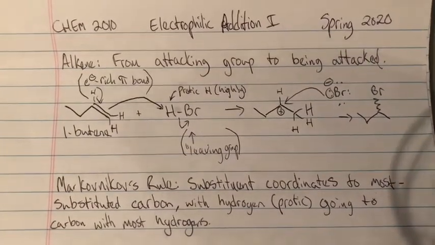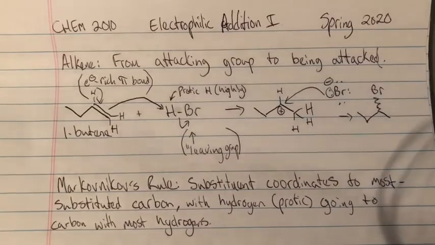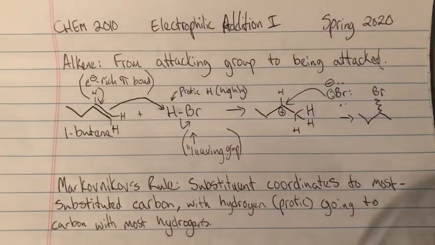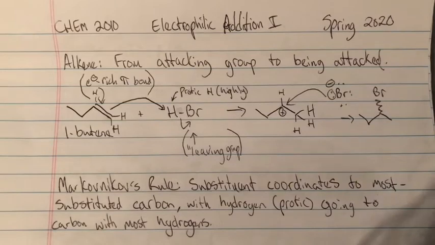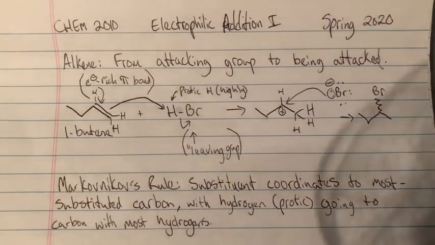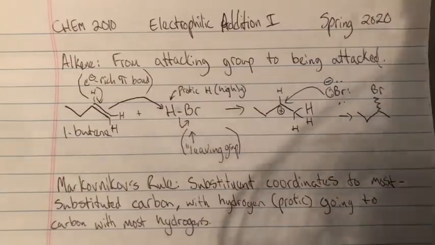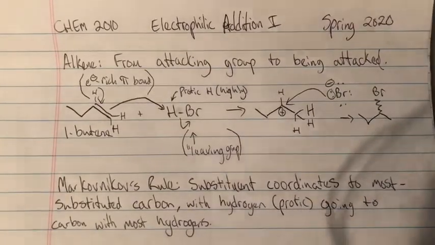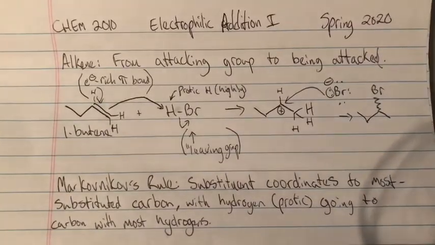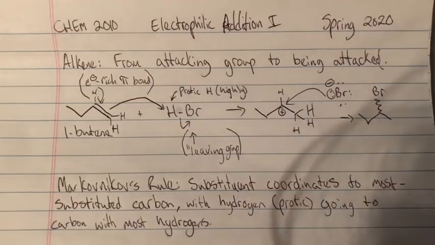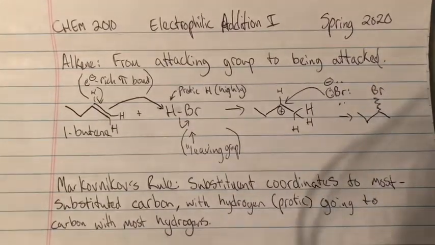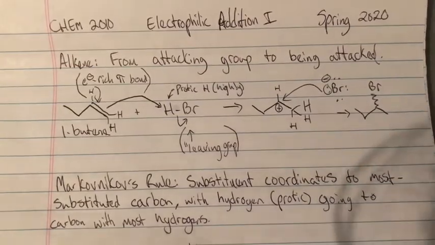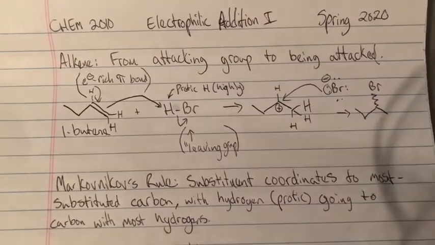Now, that said, that doesn't mean that elimination mechanisms can revert back from being an alkene product to going back to an alkyl halide reactant. That's just to suggest that under different conditions, you'll have a different direction in which things can toggle back and forth.